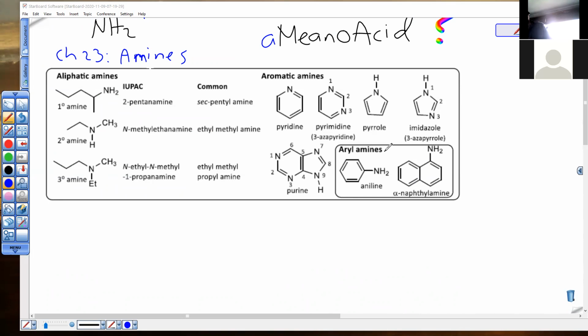An aryl amine means the nitrogen's attached to a ring. Our most common molecules being aniline and naphthylamine. This is the naphthyl group. Interesting thing about naphthalene that I don't believe I addressed before, or if I did, it was just in the book.